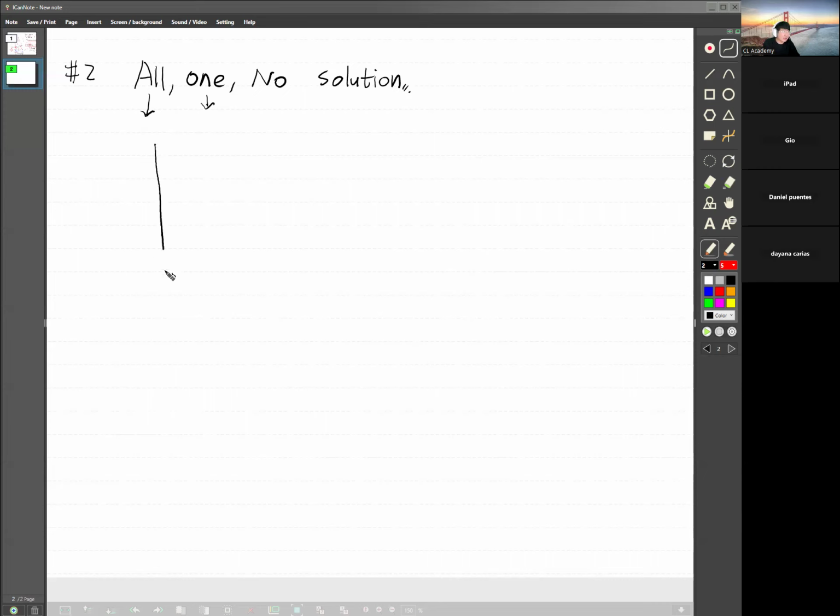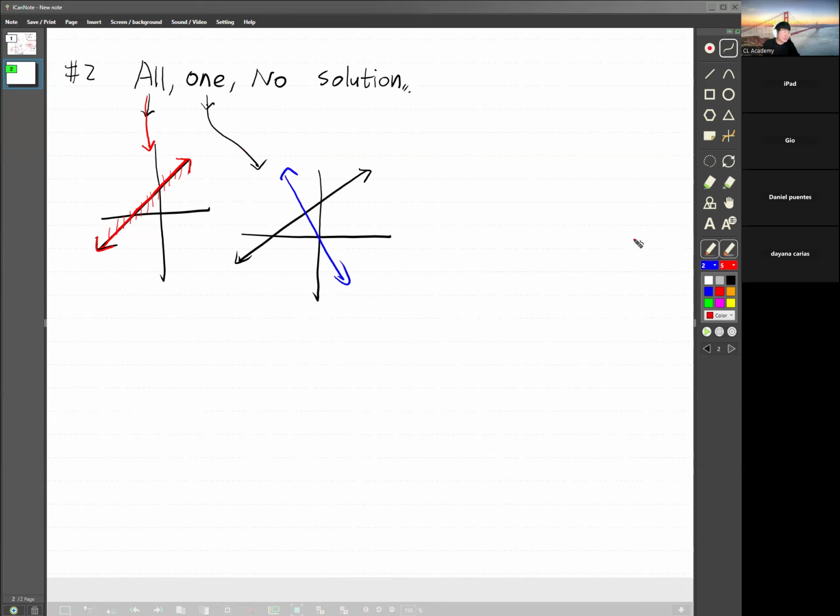Graphically, all solutions means I have this graph and then I have another graph that overlaps, which means they're identical. Any x value here will be our solution. That's what all solutions means. Now, one solution: when the graphs intersect one time, for example here, then what happened? They intersect at one point.